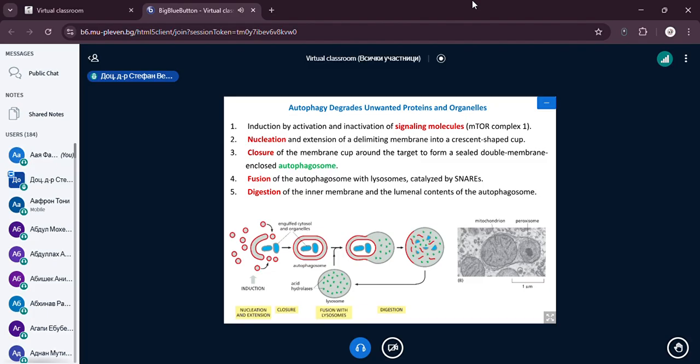So these are the three pathways for delivery of material to the lysosomes for degradation.